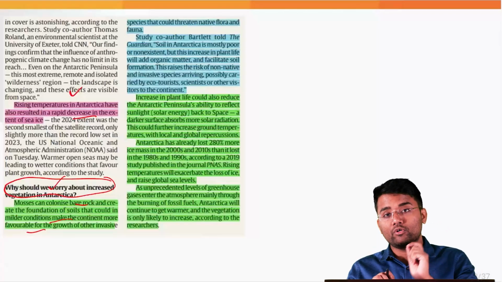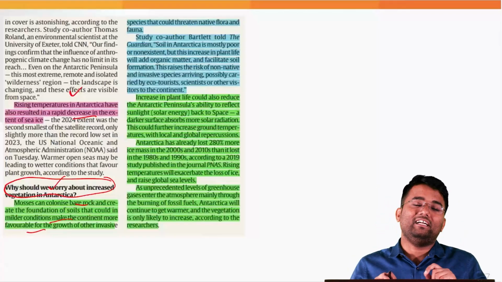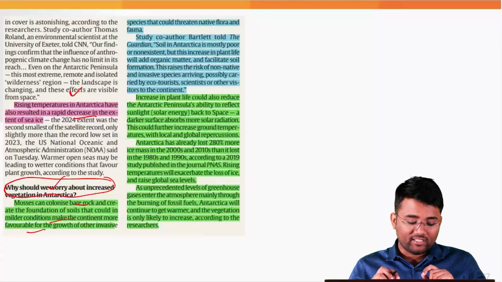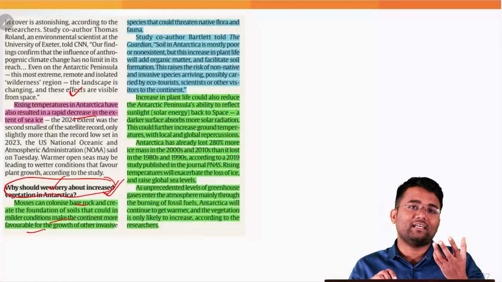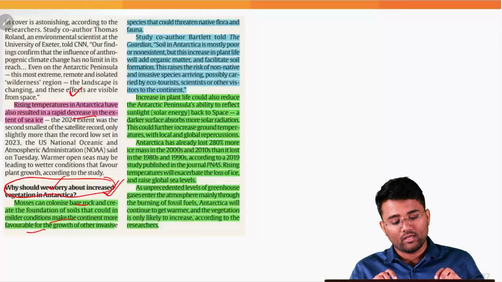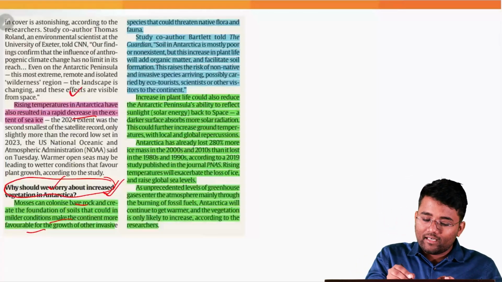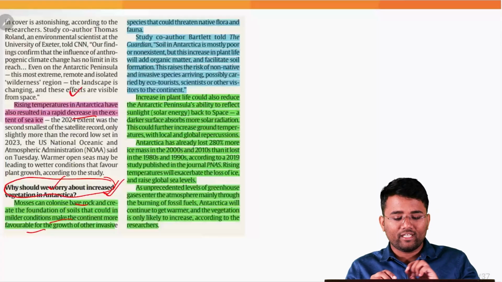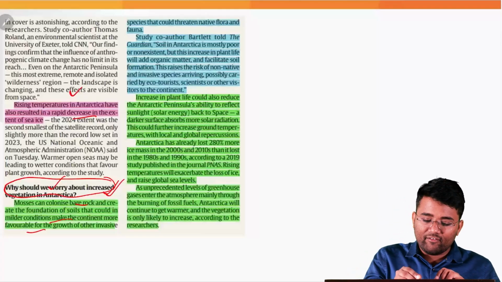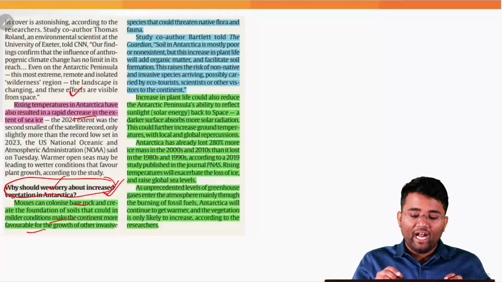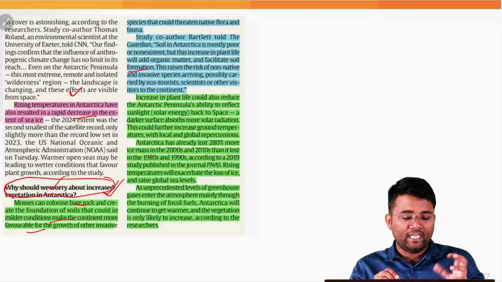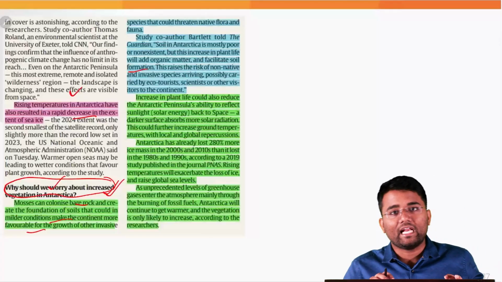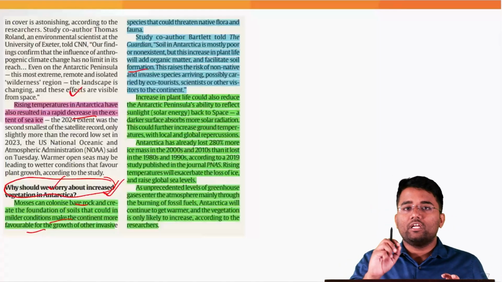Also, if you would recall some of the concepts that you read in your environment, this is the case of primary succession that is happening when mosses are appearing on the bare rocks. Also, soil in Antarctica is mostly poor or non-existent, but this increase in plant life will add organic matter and it will facilitate soil formation that raises the risk of non-native and invasive species arriving into the continent.